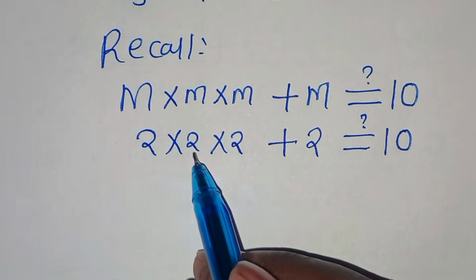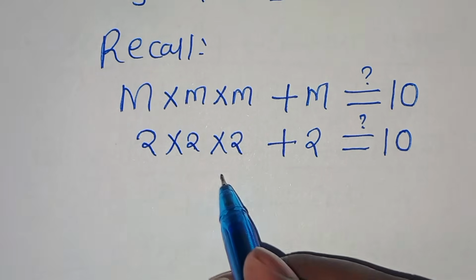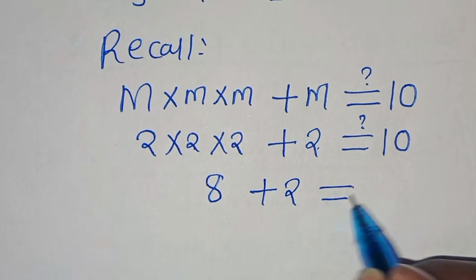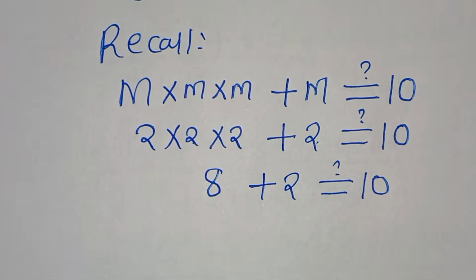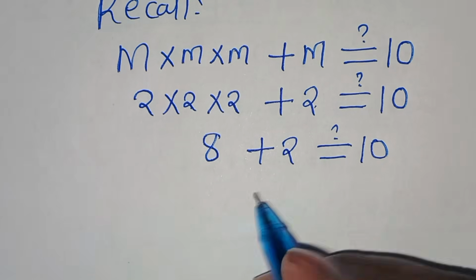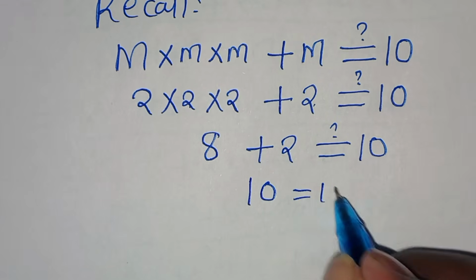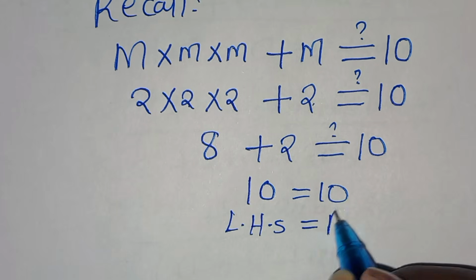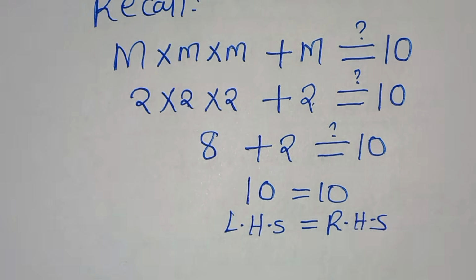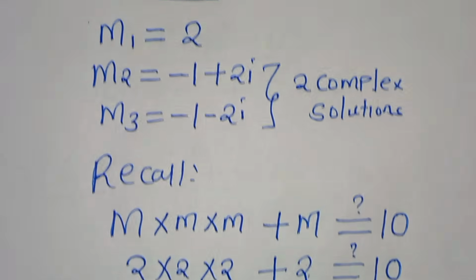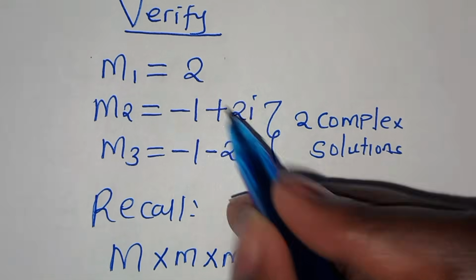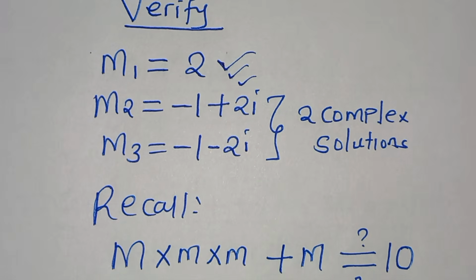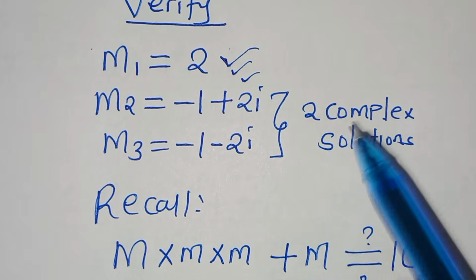So this is 2 times 2, this is 4, times 2, this is 8. Then plus 2, this should give us a value of 10. So this means that 8 plus 2 is 10, which is equal to 10. And this means that the left hand side is equal to the right hand side. And this affirms that the real solution here, which is equal to 2, satisfies the equation. So we have got 3 solutions, 1 real solution and 2 complex solutions.